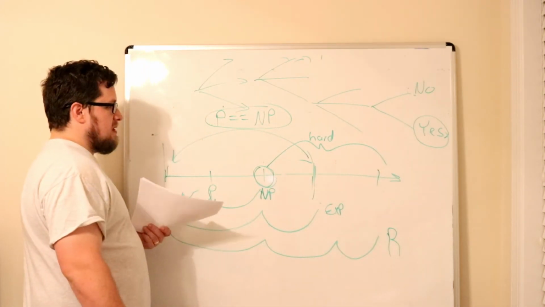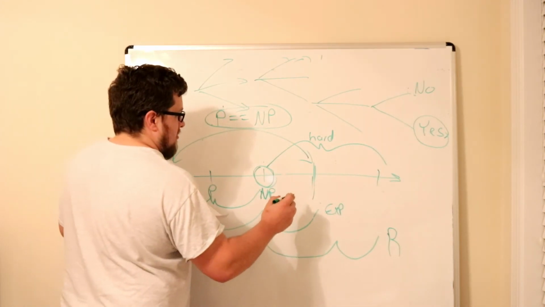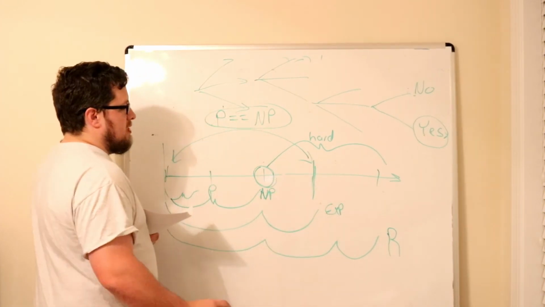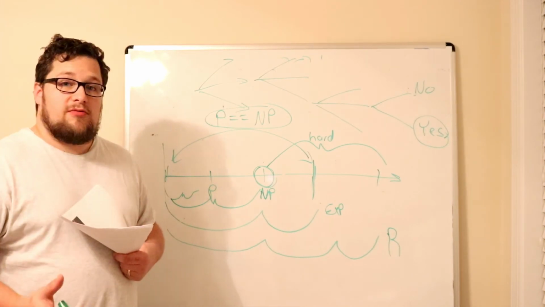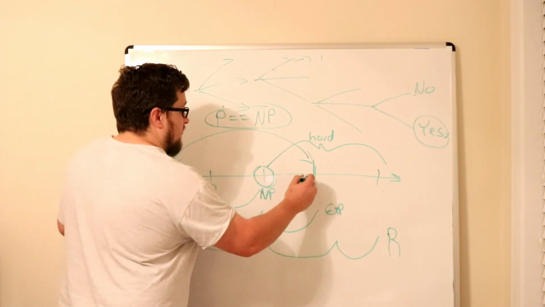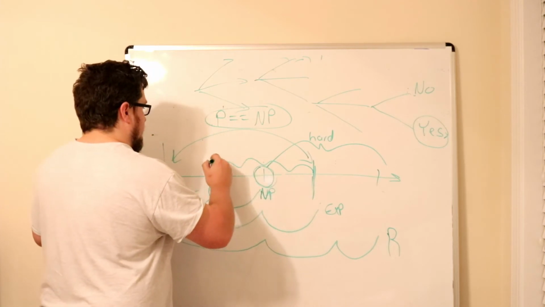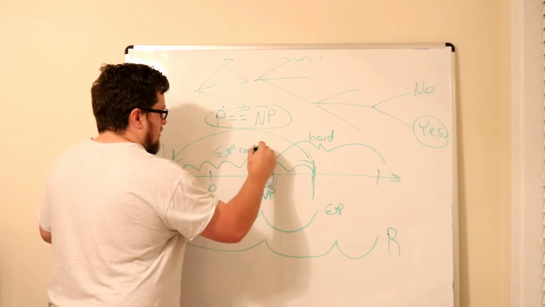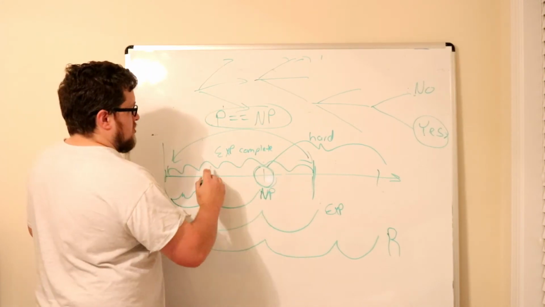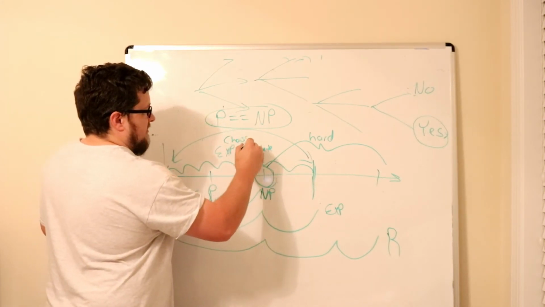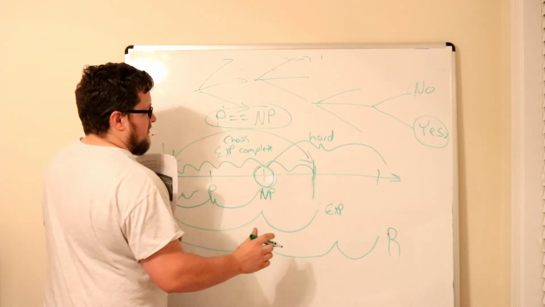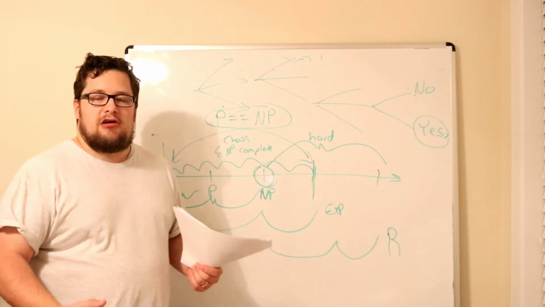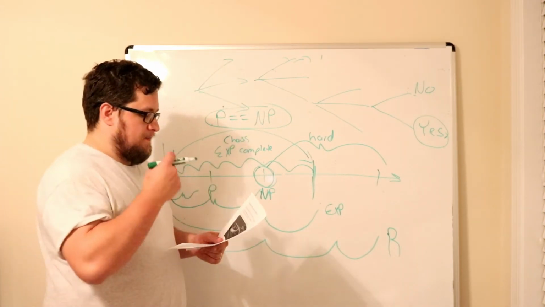Now what does complete mean? Like that chess example, we know that chess is EXP, exponential time complete, because it for sure falls inside of here. We know for sure the chess example falls within this bounds. If the chess example fell outside of this bounds, it would be exponentially hard in that scenario.